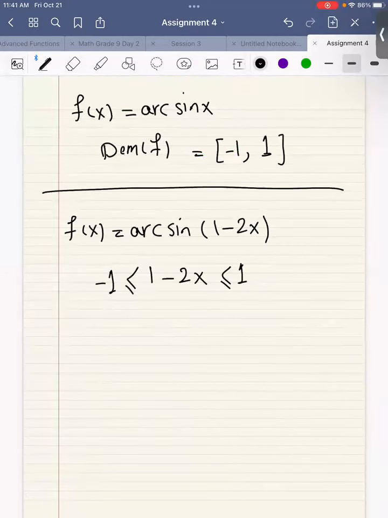So you just have to solve this for x. The first thing you can do is subtract 1, or you add a -1 to all sides of this inequality. So you get minus 2x between 0 and -2. Right?